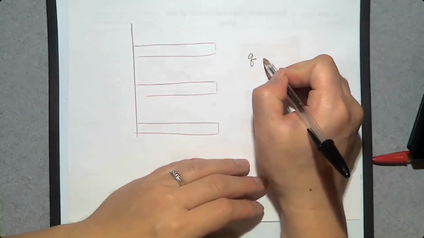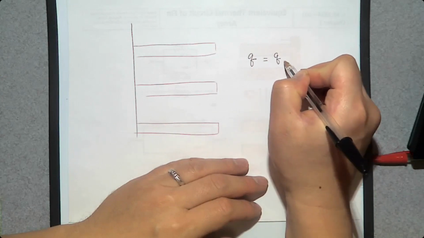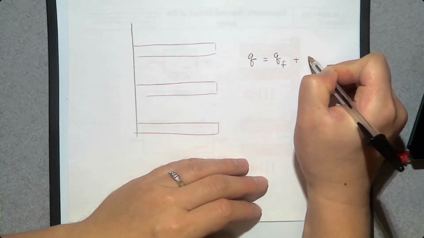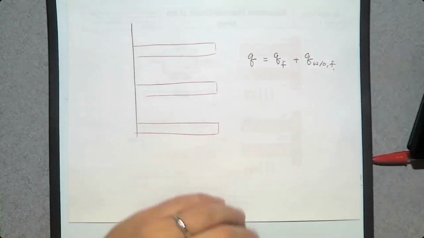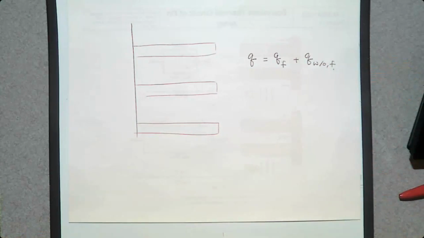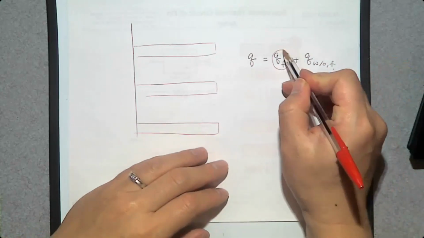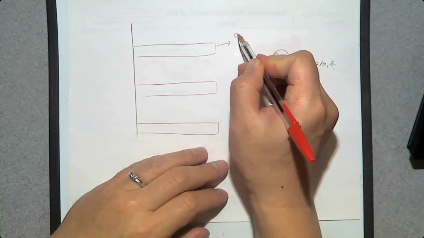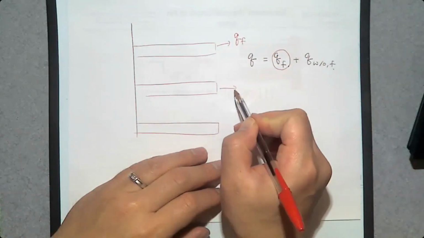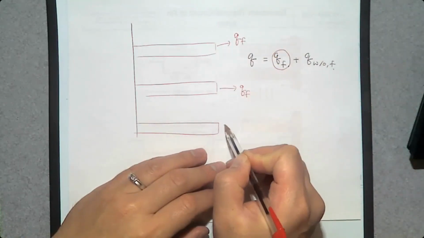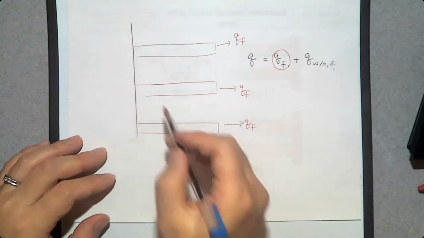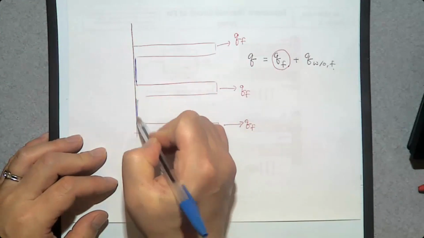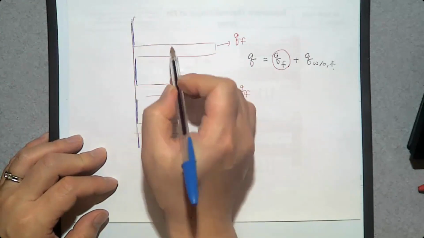This rate of heat transfer Q should be determined by Q with fin plus Q without fin, which means we are going to calculate Q fin from each fin. And between fins, we have a base surface that is open to the atmosphere.